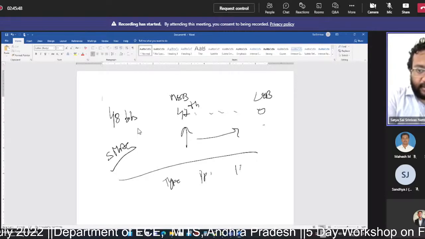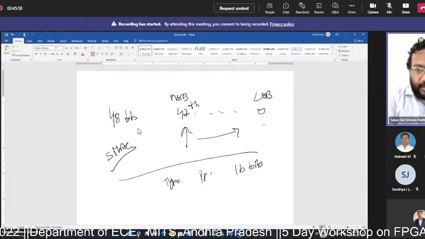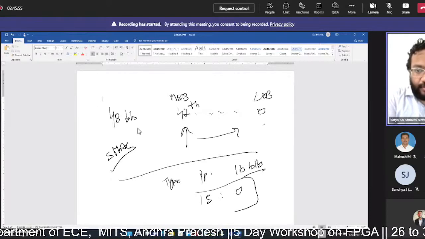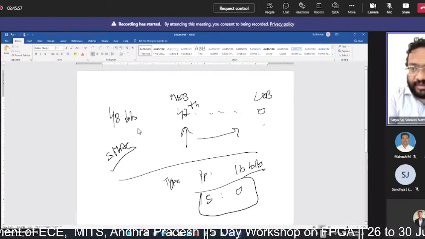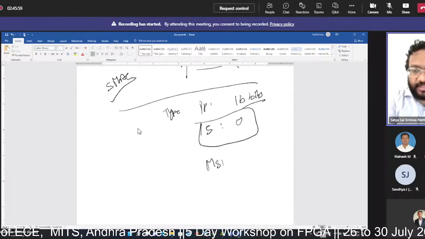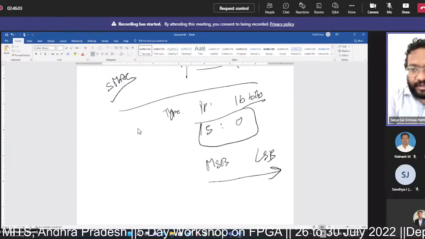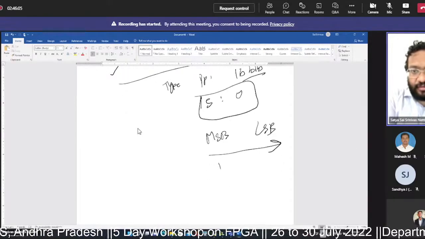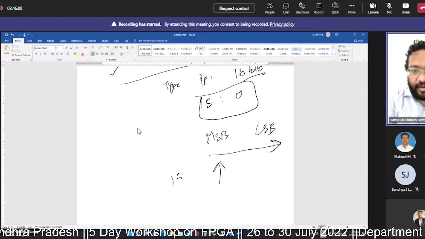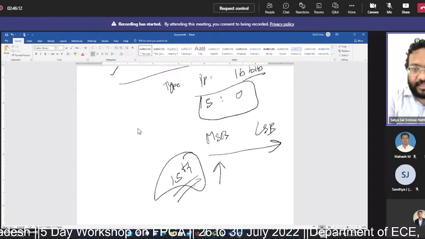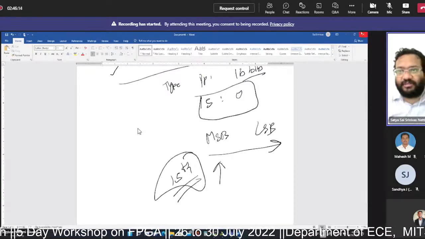So this input is of 16 bits, ranging from 15 down to 0. 15 is at the MSB and 0 is at the LSB. I have to read from MSB to LSB, so I need to read from the 15th bit. So again I'm reusing the counter A. This time I'm resetting it to the 15th bit position.